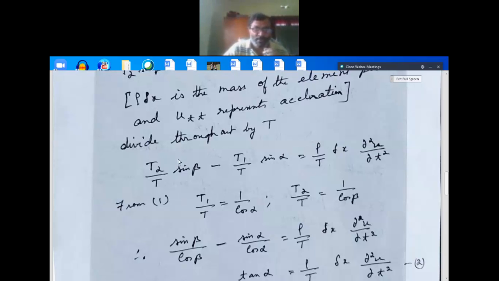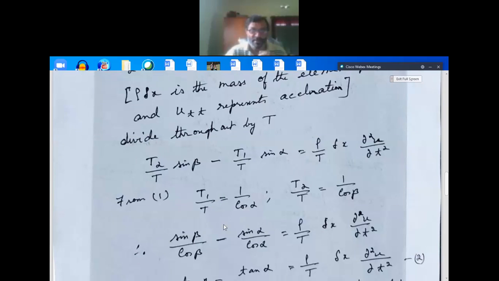Now I substitute here. T2 by T is 1 by cos beta, so here I wrote sin beta by cos beta. T1 by T is 1 by cos alpha, so here I wrote sin alpha by cos alpha.